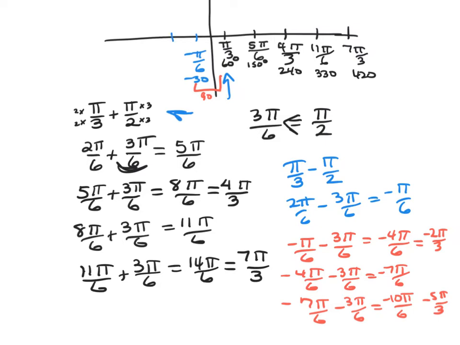So I have negative 2 pi over 3, which is negative 120. Then I have negative 7 pi over 6 and negative 5 pi over 3. Negative 210, and then negative 300.